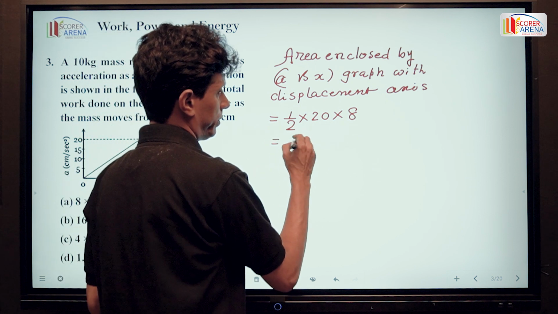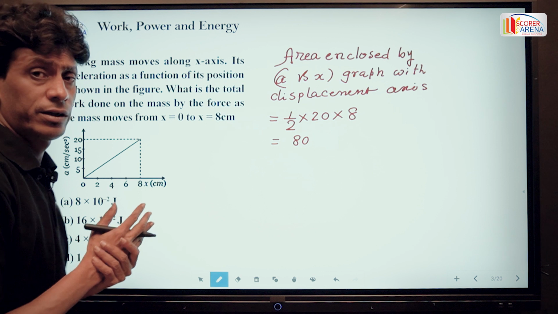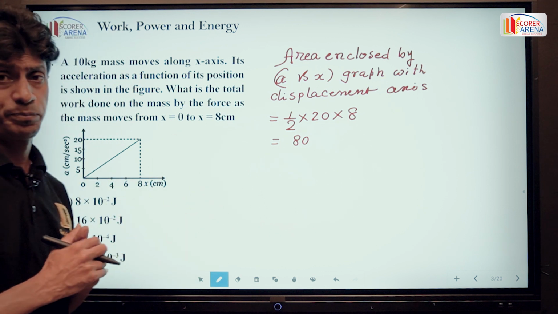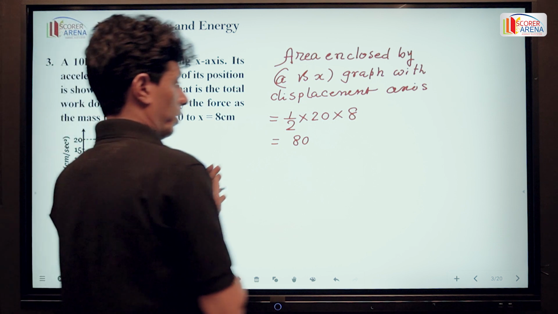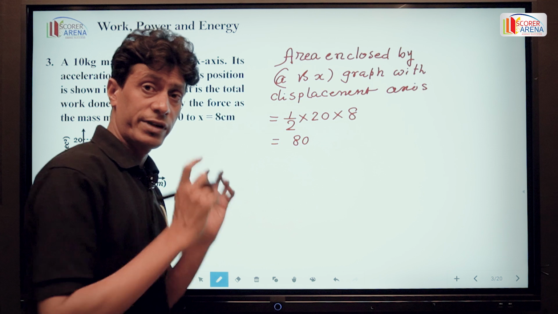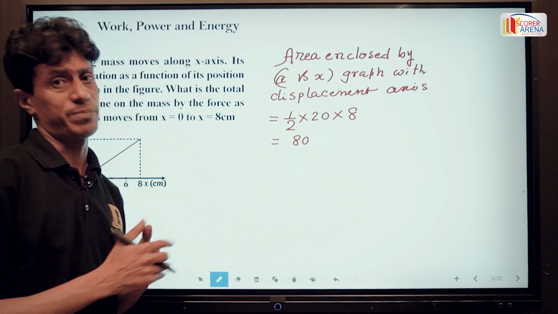In this graph, it is 80, that is the multiplication of acceleration and displacement, with average acceleration. Here 20 by 2 is the average acceleration, and it is multiplied by displacement. So average acceleration into displacement.